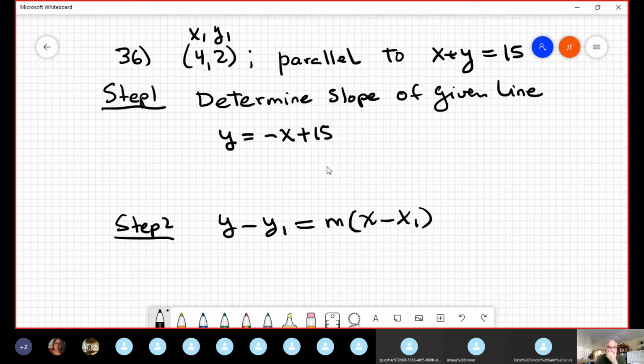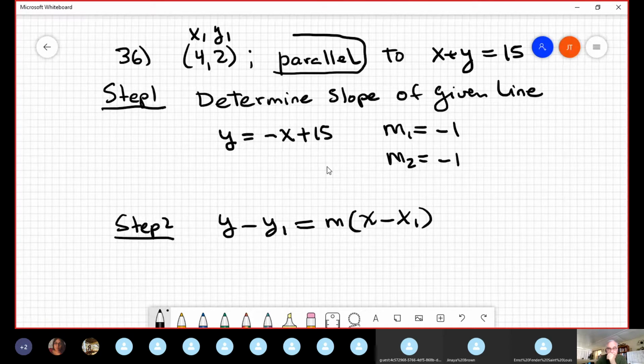I bring x to the right-hand side. So, conclusion, what is the slope of the given line? It is -1. What is the slope of the new line that I need to find? -1. The reason is clear, because it's parallel. This is the keyword. It indicates it's the same slope.